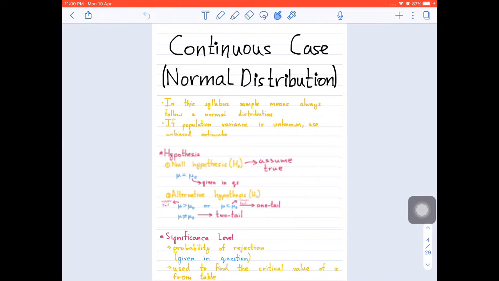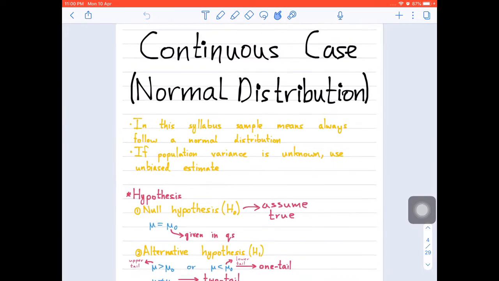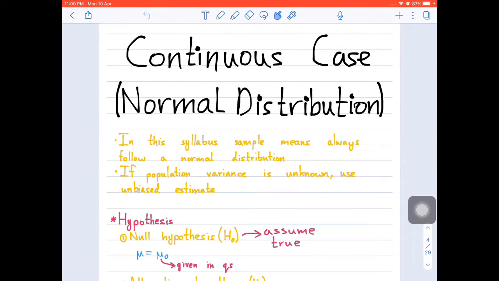So what basically is hypothesis testing? Again, this is linked to the previous chapter, that is sampling and estimation, and you need to have a good understanding of that to understand this. Over here we have taken a sample from a population.